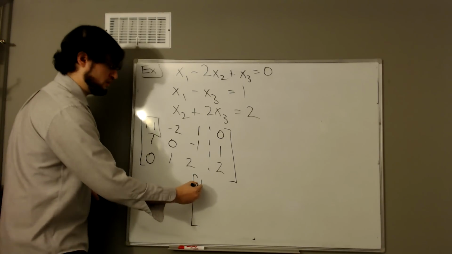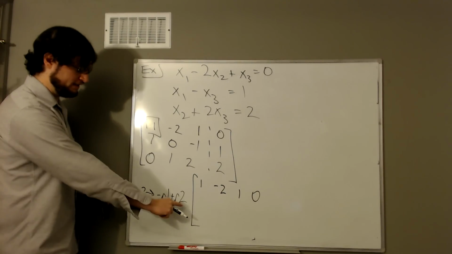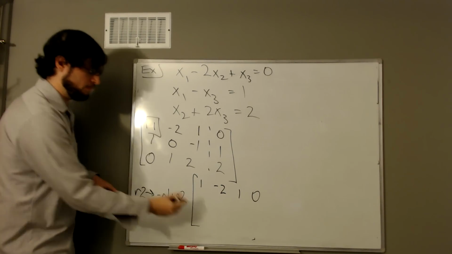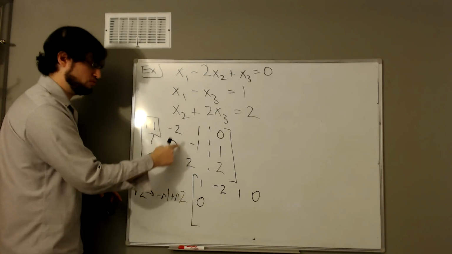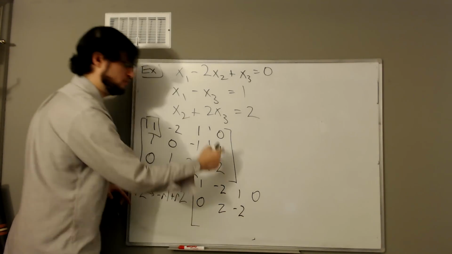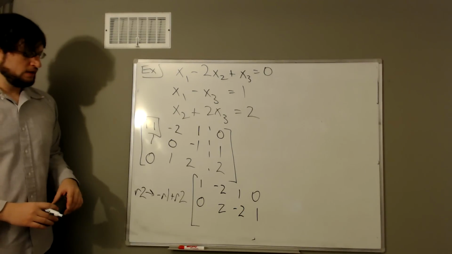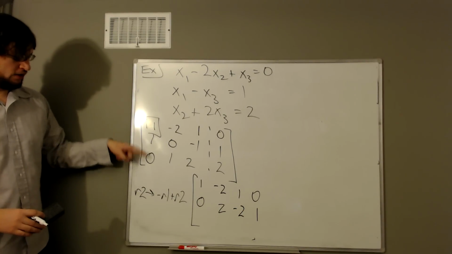Row 1 hasn't changed. If I apply this, negative row 1 plus row 2, I get 0. 2 plus 0 is 2. Negative 1 plus negative 1 is negative 2. 0 plus 1 is 1. I'm not going to change row 3 because I already have a 0.